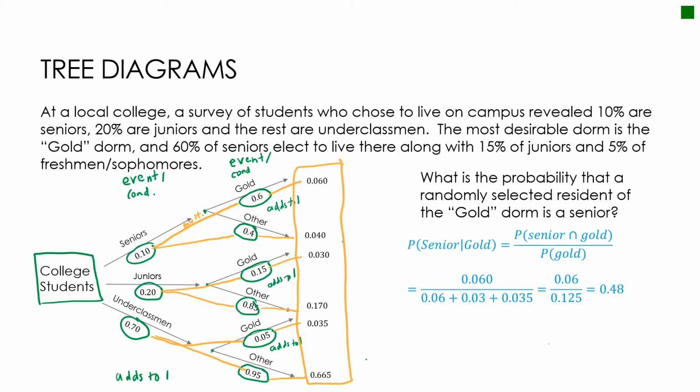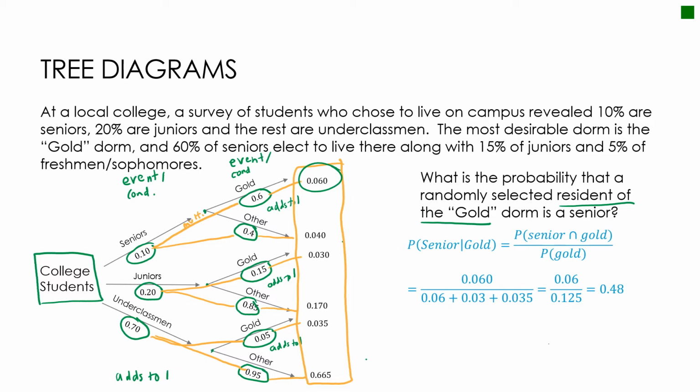So that's great. If they said, out of all of the students, what's the probability that it's a senior in the Gold Dorm, I could answer very easily because I've already figured it out. A senior in the Gold Dorm is 0.06. That's the probability. Where things get a little bit trickier is when I look at a question based on what I've just found out, like this one that says, what is the probability that a randomly selected resident of the Gold Dorm is a senior?